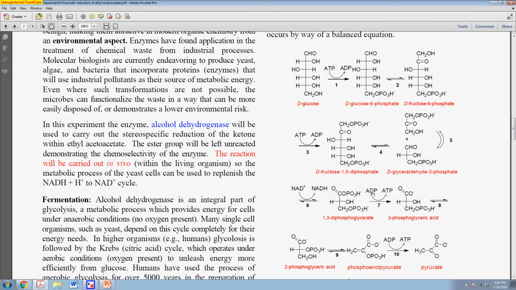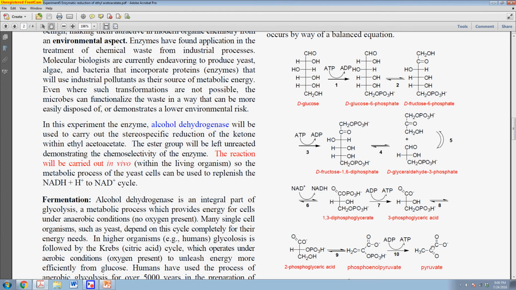When you go to 3-phosphoglycerate, you actually generate ATP, and then you go to 2-phosphoglycerate. That gets converted into a molecule called phosphoenolpyruvate. That'll convert ADP to ATP. So because you're generating two molecules of dihydroxyacetone phosphate, you get two molecules of ATP out here and two molecules of ATP out here when you get to pyruvate.